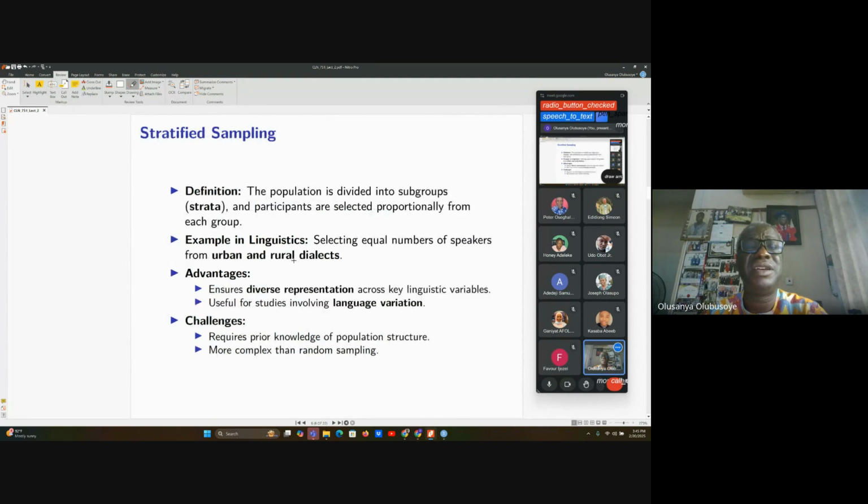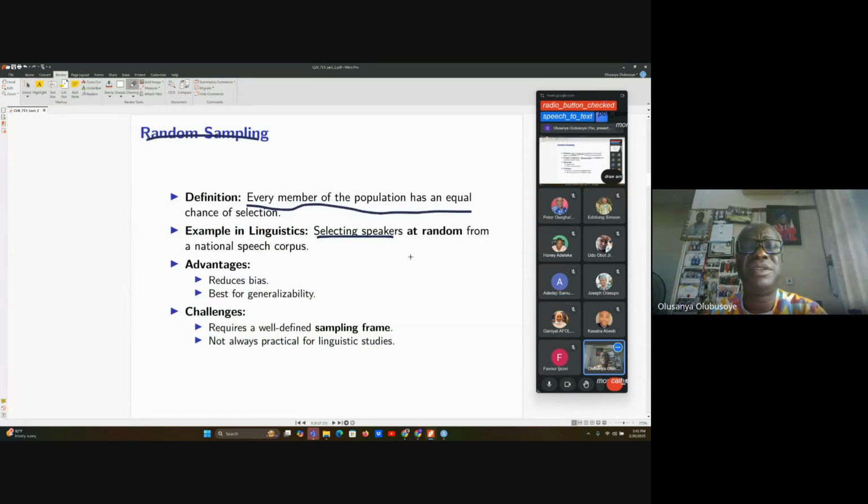That has been demonstrated. But what are the advantages of random sampling? One, it reduces bias, if not eliminating it completely.